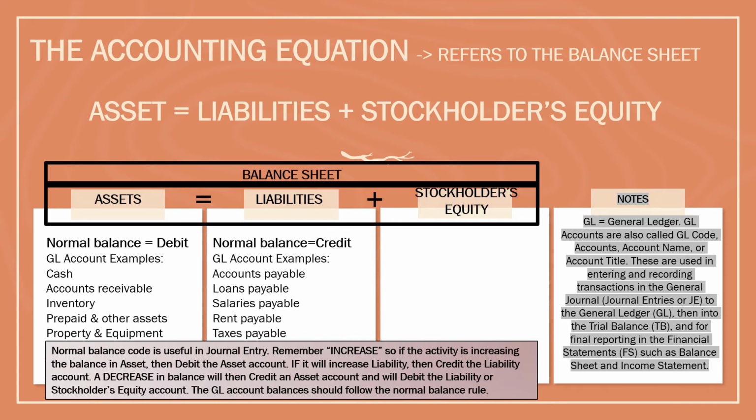So what are liabilities? Liabilities are anything that the company owes another company or another organization. The normal balance of a liability account is a credit. So every time we increase our liability, we have to credit the specific account that pertains to that payable or liability. An example of a GL account for liability is accounts payable.